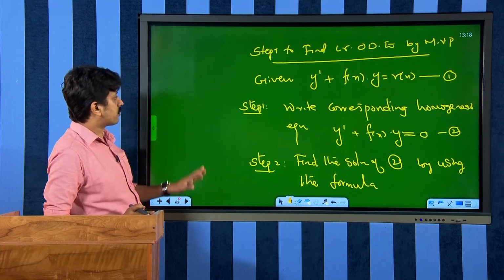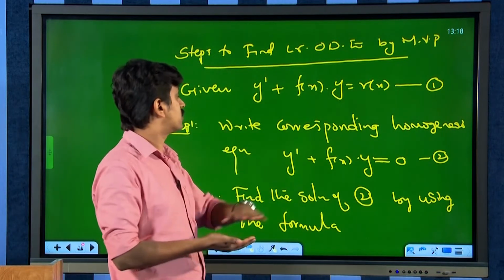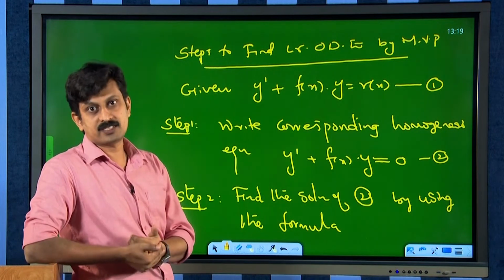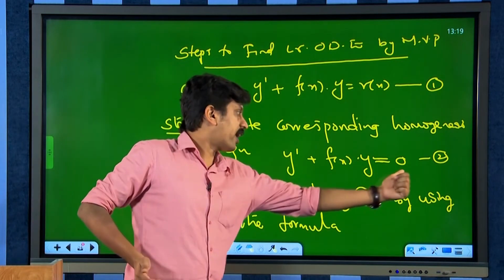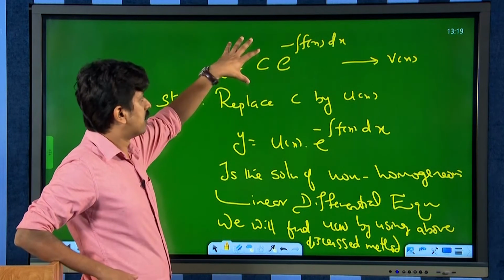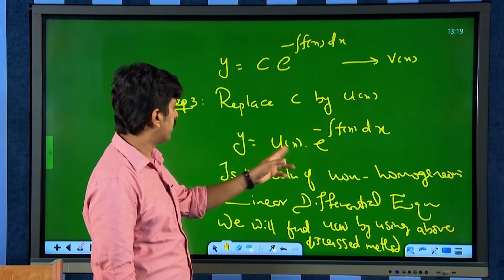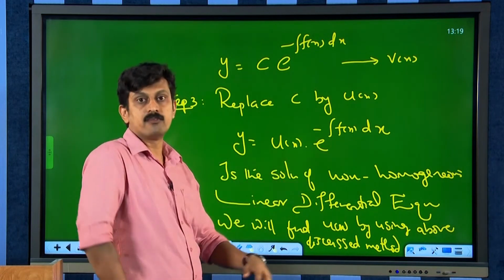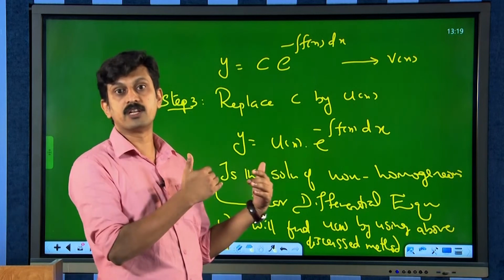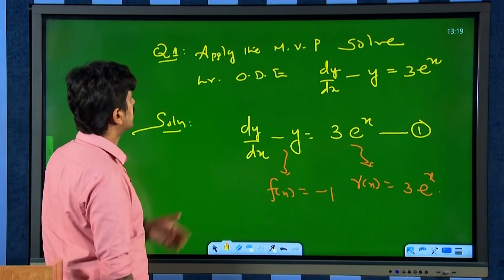According to the method of variation of parameters, we can find the solution of a linear differential equation y dash plus f of x into y is equal to r of x, firstly finding the solution of the homogeneous differential equation, then replacing this c by u of x, considering this as uv, finding y dash, and applying the values of y and y dash into the original equation, we are able to find the function u, and by applying that we can find the solution.